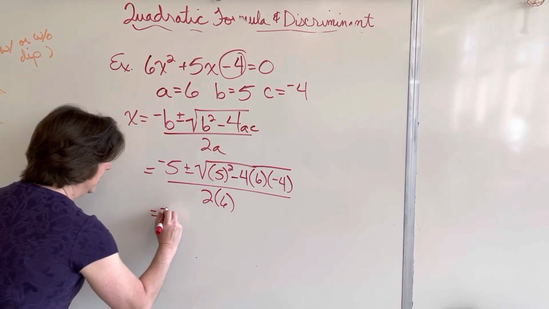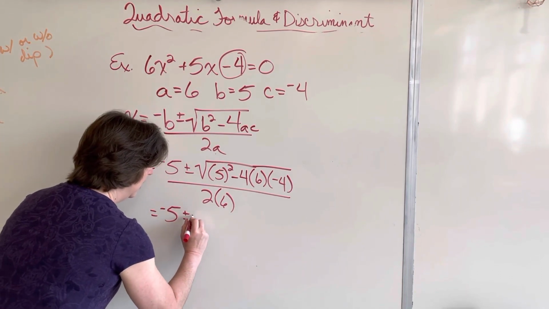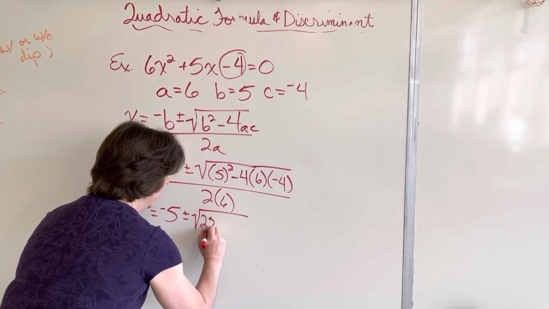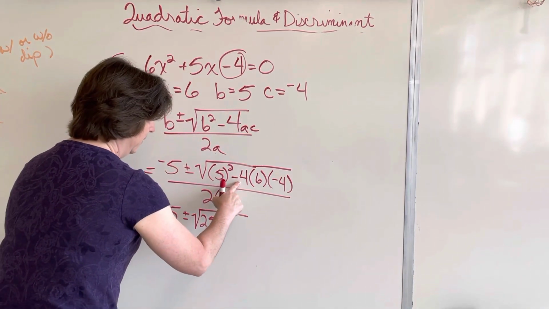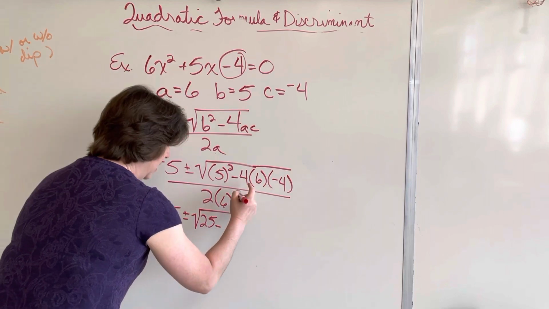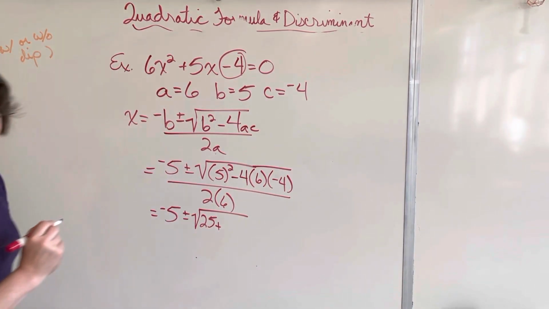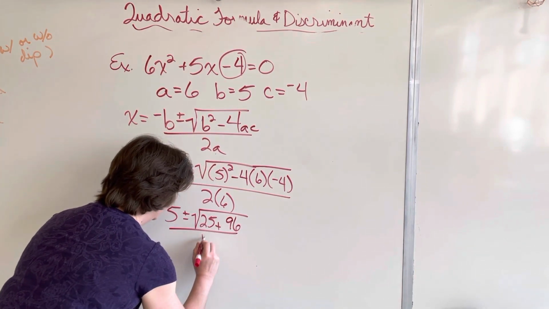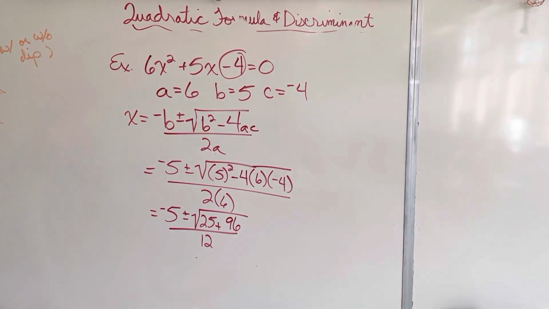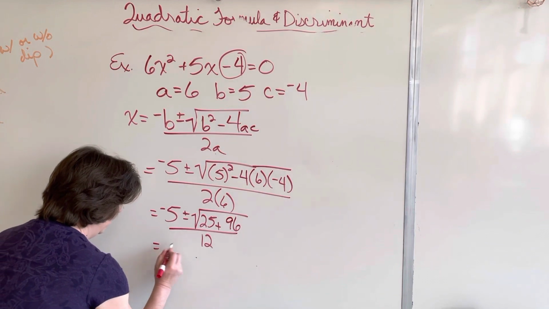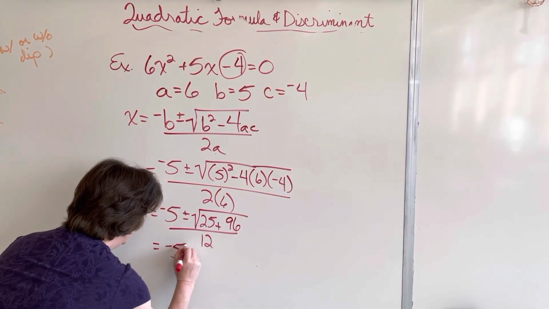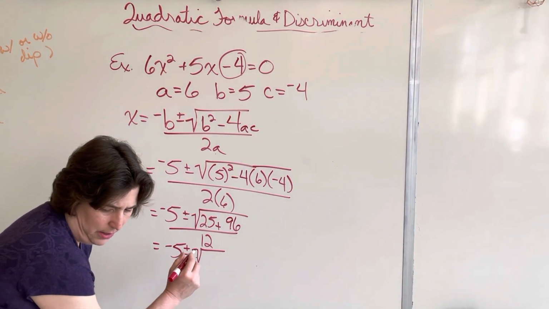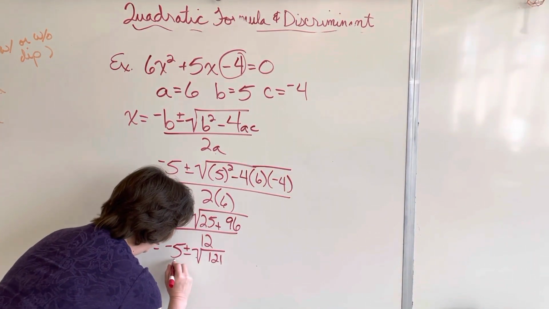So that's going to be negative 5 plus or minus. You're going to do this in a calculator, but you've got 25 minus negative 4 times 6, that's going to be a positive number, plus 96, all over 12. Negative 5 plus or minus the square root of 121 all over 12.